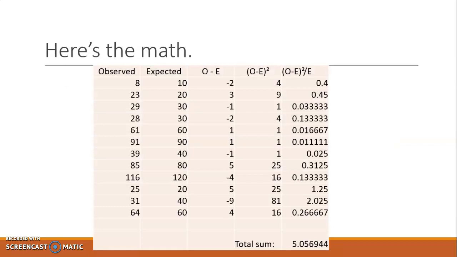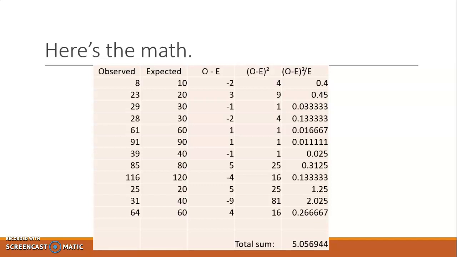For each, and when you do this on a test, you're probably going to want to make sure that you label which cell you're talking about. I just did them all in order and put them on here. So observed minus expected for the first, glass in location 1, we observed 8, we would expect 10, the difference is 2, we square it, and then we divide it by the expected, which is 10, so we get 0.4.